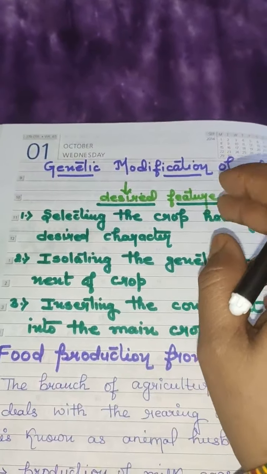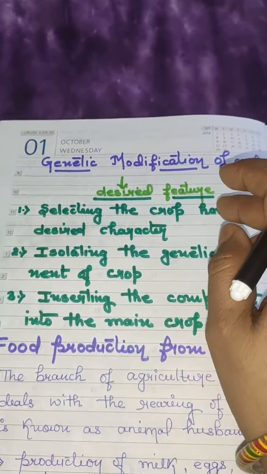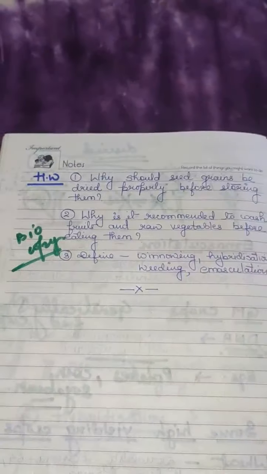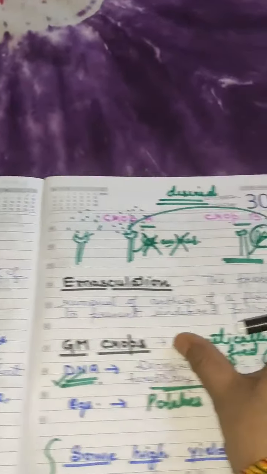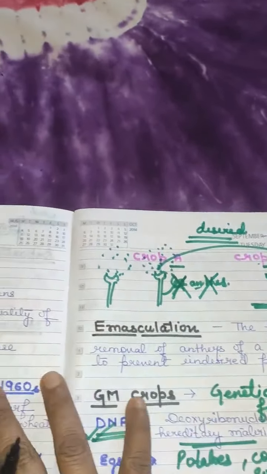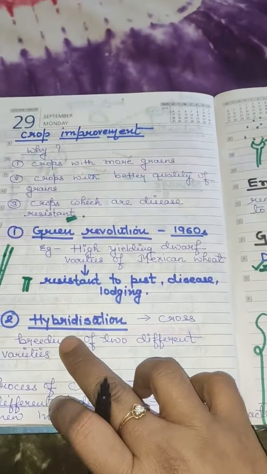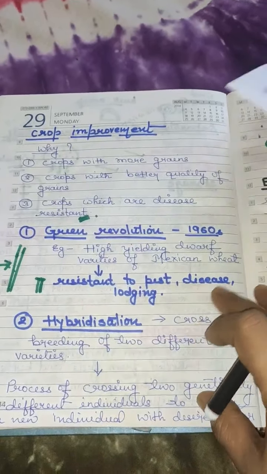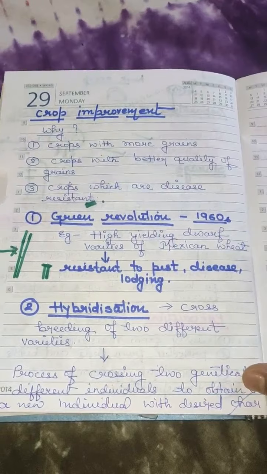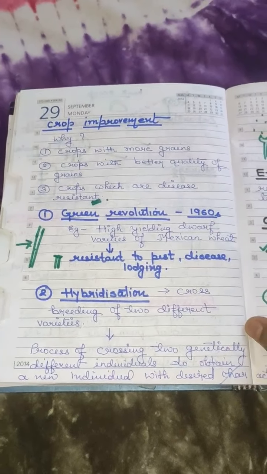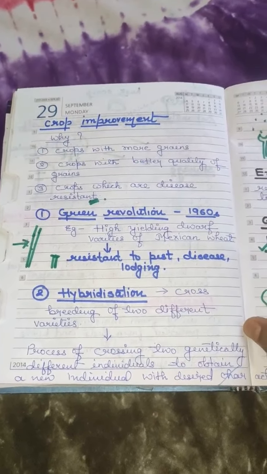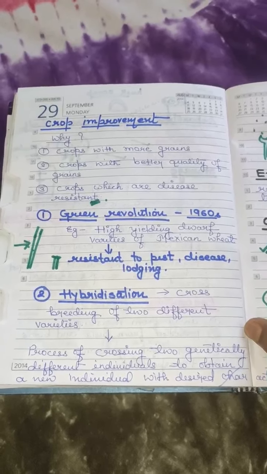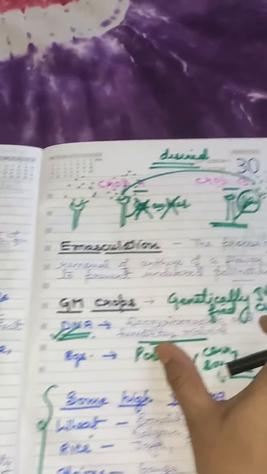We were talking about hybridization in the previous class. Hybridization is a method of cross-breeding of two different varieties, where two genetically different individuals are crossed to obtain a new individual with the desired character.